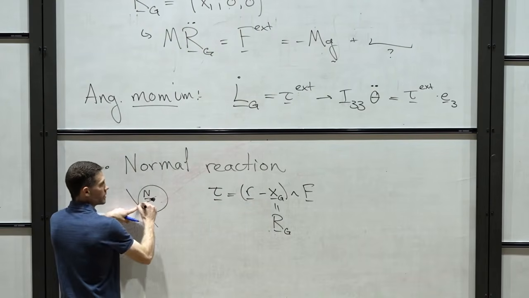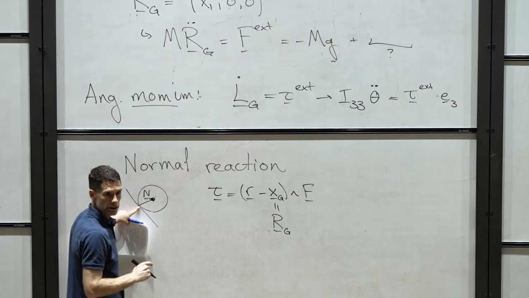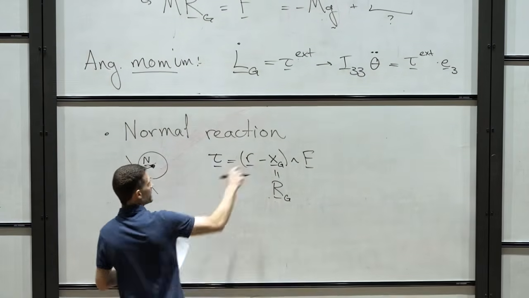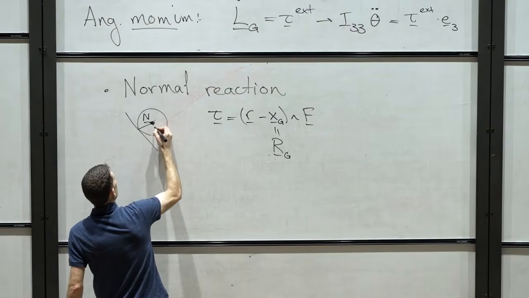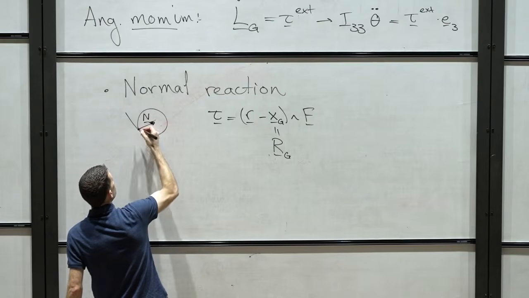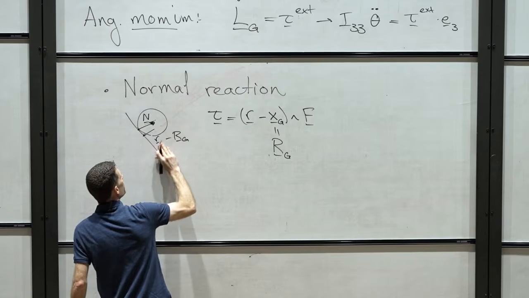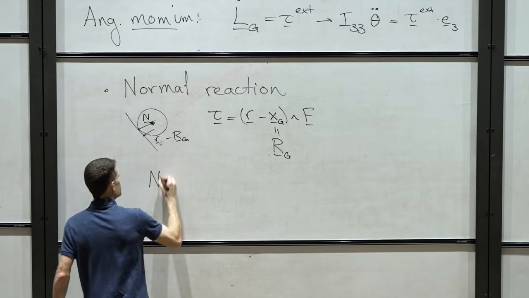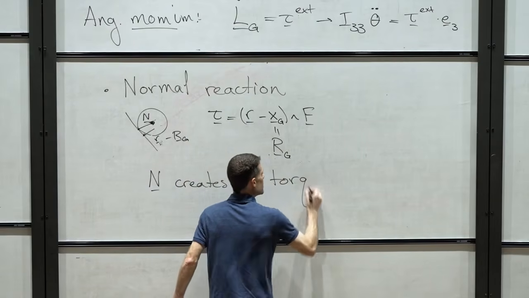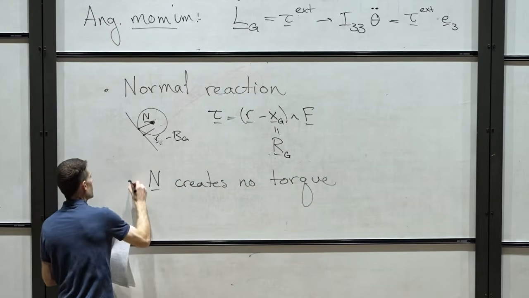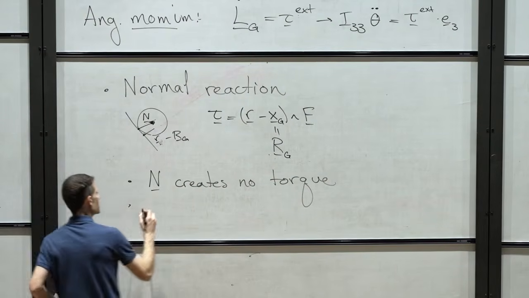Center of mass is right there. So N creates no torque because it's aligned with RG minus XG. So N creates no torque. We have gravity, but gravity creates no torque at the center of mass.